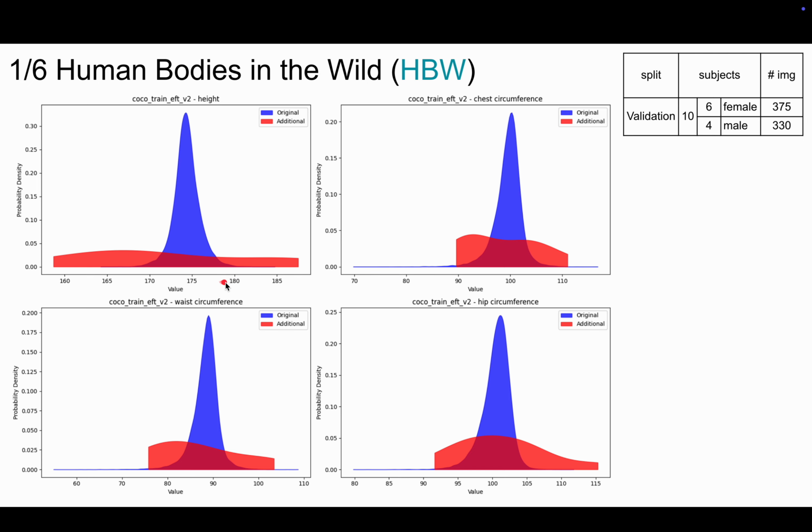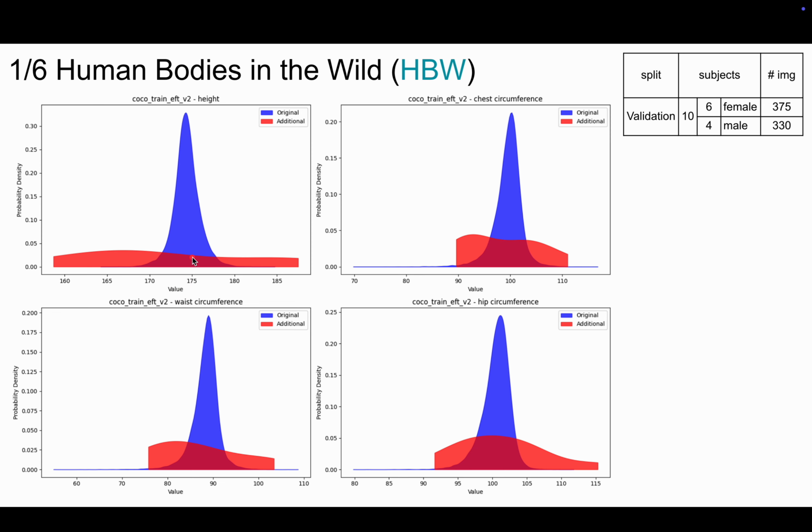The blue one is the measurement for 3D-PW, and the red one is the measurement for HBW. We do see that most of the cases in the 3D-PW data set, they invited models with more normal body measurement. So the distribution really concentrated on certain body measurement.